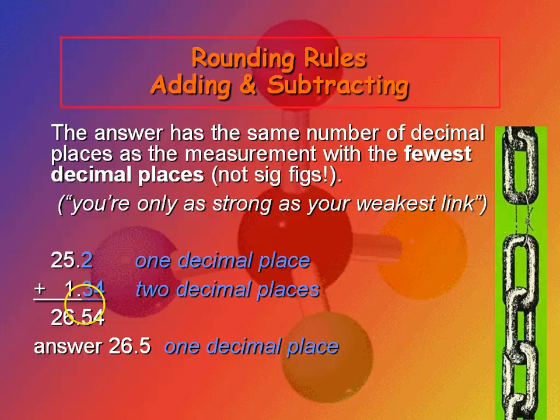So we have 25.2, 1 decimal place, and 1.34, 2 decimal places, so we end up with 26.54, but we're going to write our final answer as 26.5 because this measurement obviously was not that precise. So we really can't go out further than that. Now we can use the 4 to round, but we're not going to write that in our final answer. So we only go out 1 decimal place.